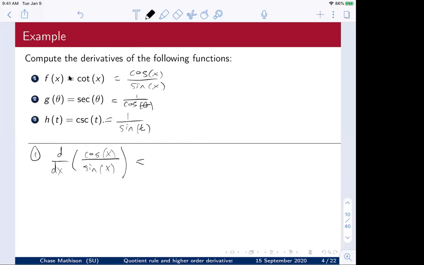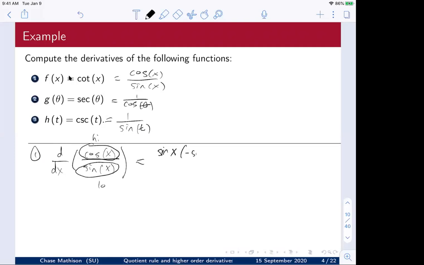So what is the derivative here? This is high, and this is low. What's the derivative of this function, cosine of x over sine of x? Yep, good start. Low times. Perfect. And how'd you get that? What's negative sine of x? Perfect.